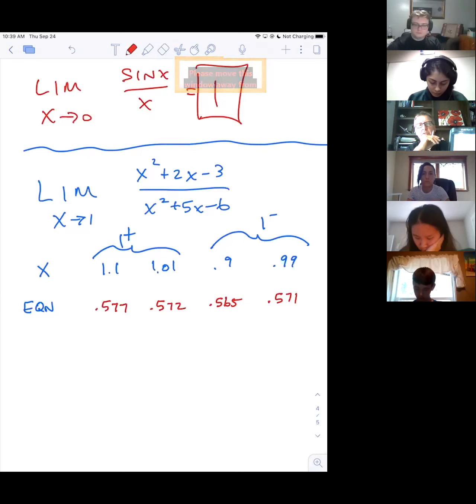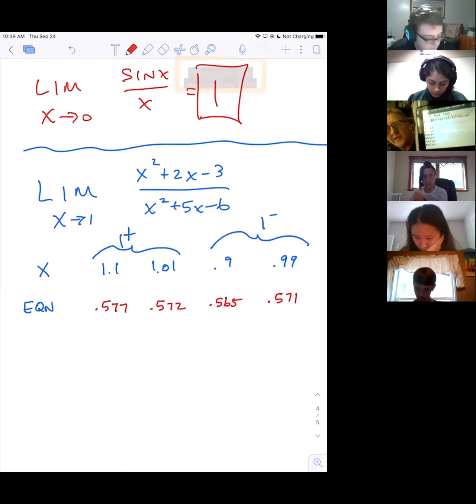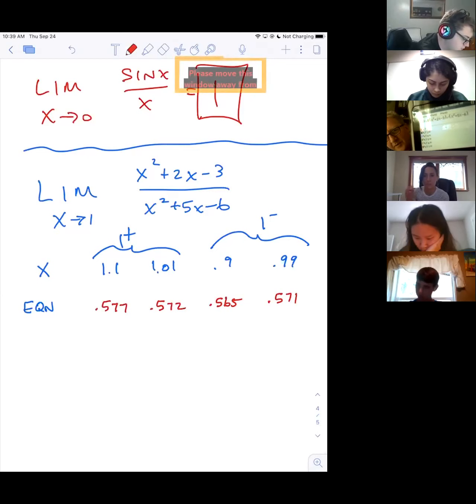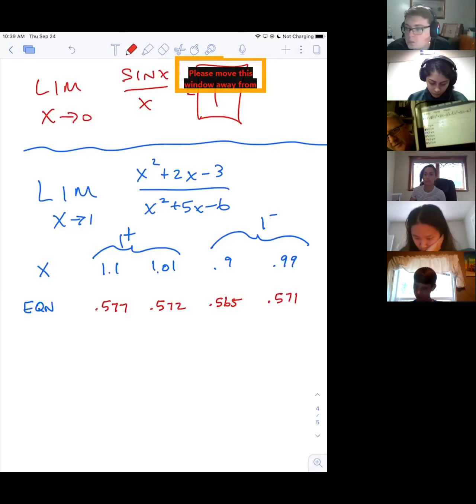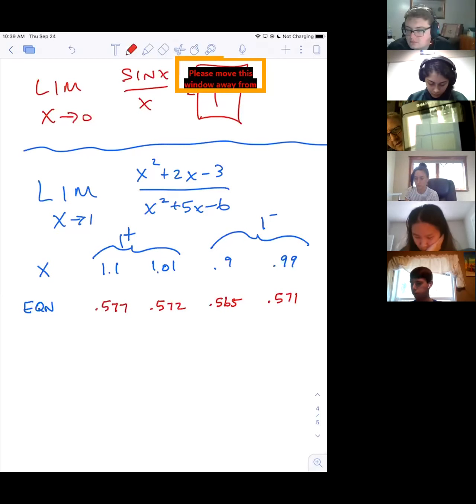So just to show you something, I think you should know, I just cheated to do this. I'm too lazy to type all this stuff in, and I've got a machine here that I should be using. So what did I do? I went to the y equals screen and I typed that expression in, and then I hit graph and I got this graph. You know how to do this, right?